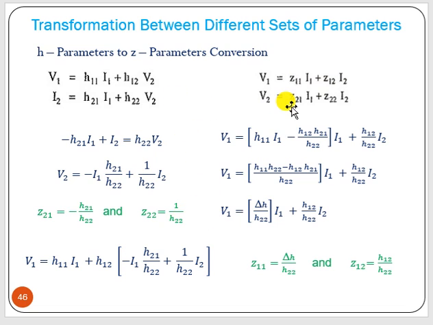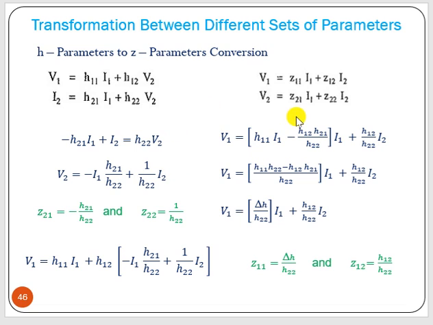Now to find the other two parameters, in V1 first, from the second equation we got the two values. Now in the first equation we can put the value of V2. So this V2 value we put here, then in terms of I1 and I2 we have to write it separately.